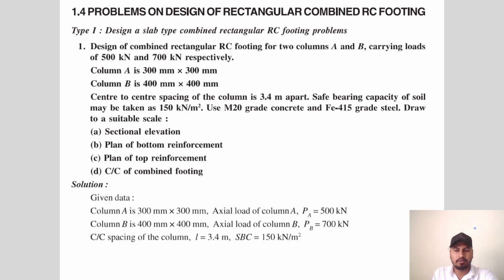From the question we can write the given data: the size of column A, the size of column B, the axial load acting on column A and column B, the center to center spacing of the columns, and the soil bearing capacity, that is 150 kilonewton per meter square.